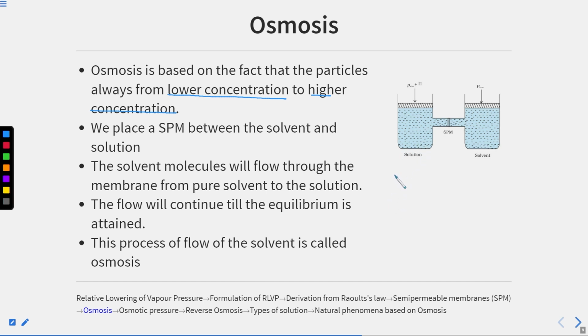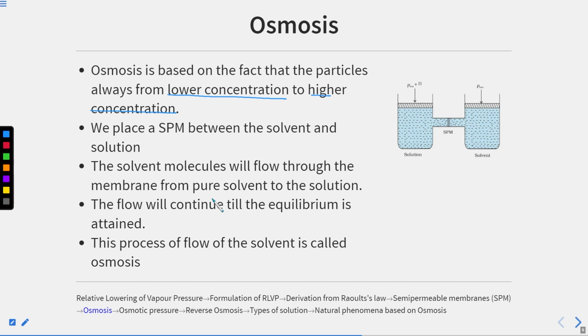Now if you connect these two, the flow will take place from higher to lower. The same thing is written here. So if we take two liquid volumes with different concentrations of solute, where in one the solute is present in a greater amount and in the second it is present in a small amount, and we connect both of these, then the particles will flow.